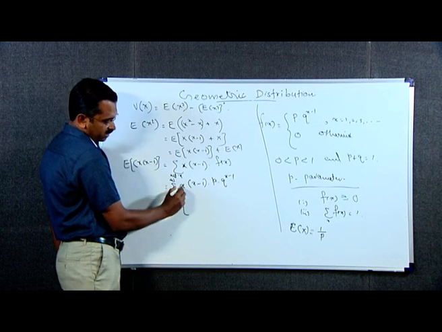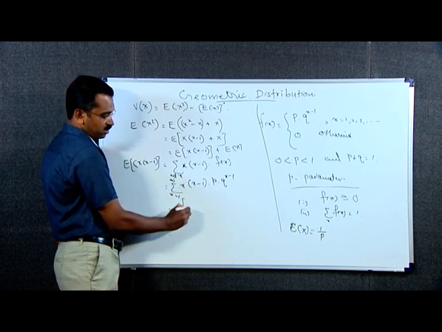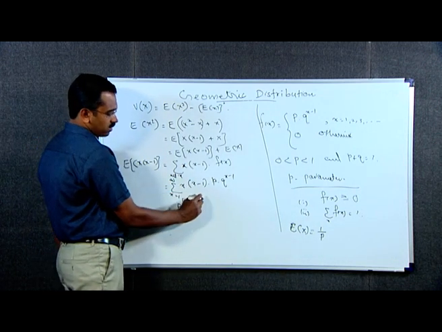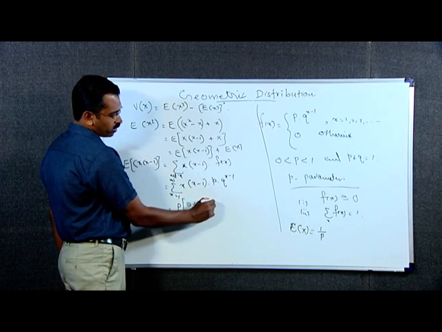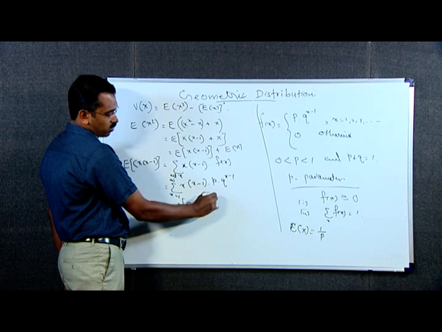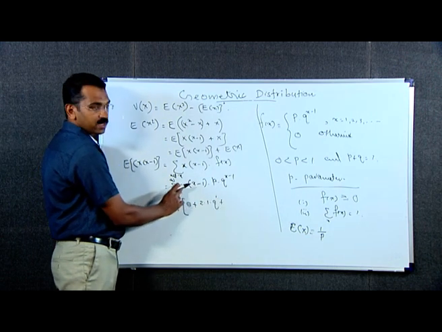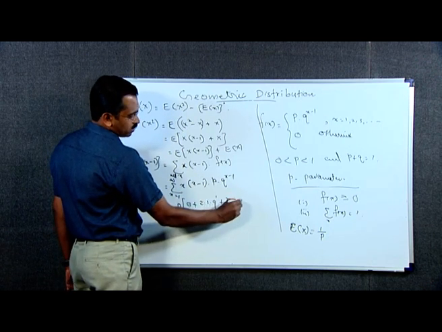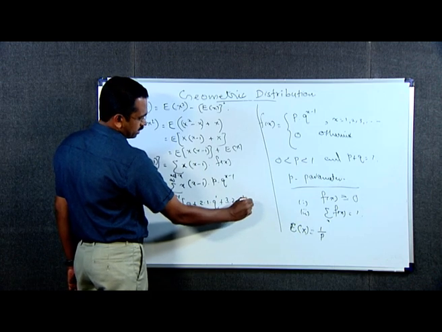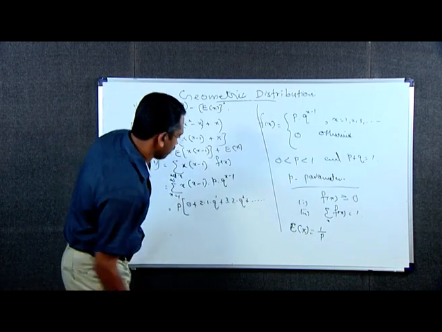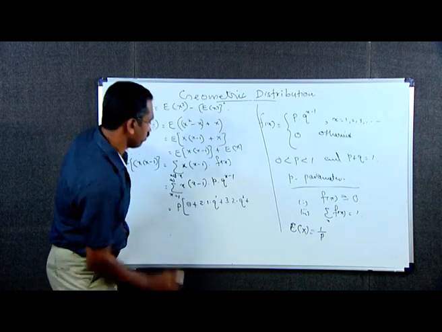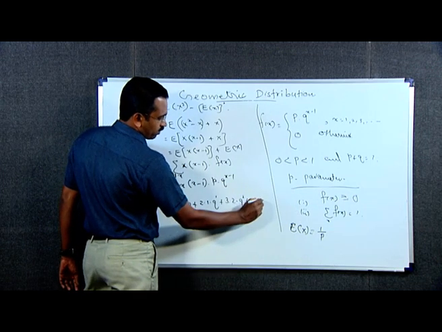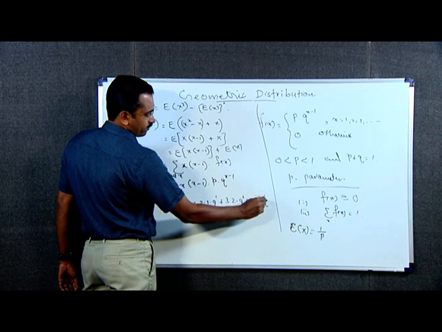For x equal to 1, the term is 0, plus, for x equal to 2, this is 2 into 1 into q raised to 2 minus 1, which is 1, plus, for x equal to 3, we get 3 into 2 into q raised to 2, plus etc. The next term, for x equal to 4, we get 4 into 3 into q raised to 3, plus etc.